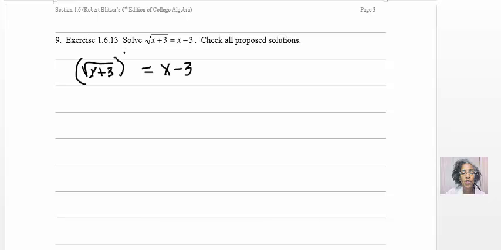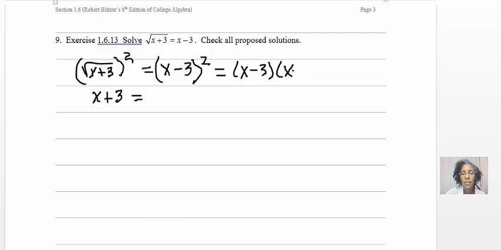My next step is to square both sides of the equation. So when I square the square root of x plus 3, I simply get x plus 3. Here when I square, I have to keep in mind that this means x minus 3 times x minus 3. So I have to keep that in mind.